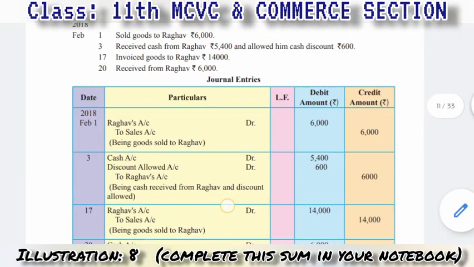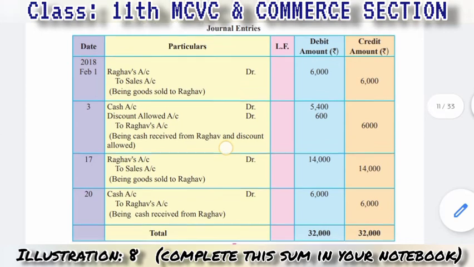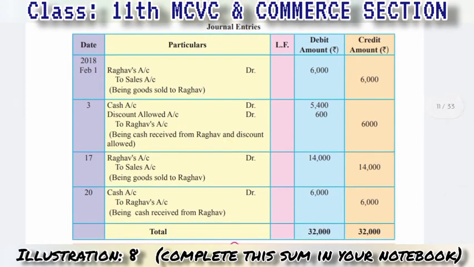On the other hand, the next entry is received cash from Raghav 5,400 and allowed him cash discount of 600. So cash account debit, discount account debit to Raghav's account, being cash received from Raghav and discount allowed. Students, how much cash has been taken from Raghav is 5,400, and on the other hand 600 is the cash discount.